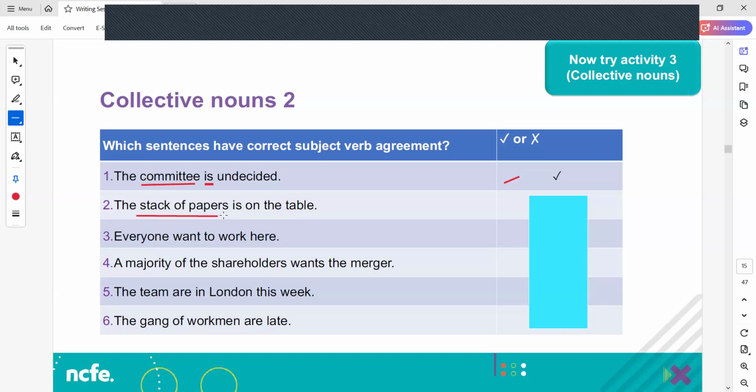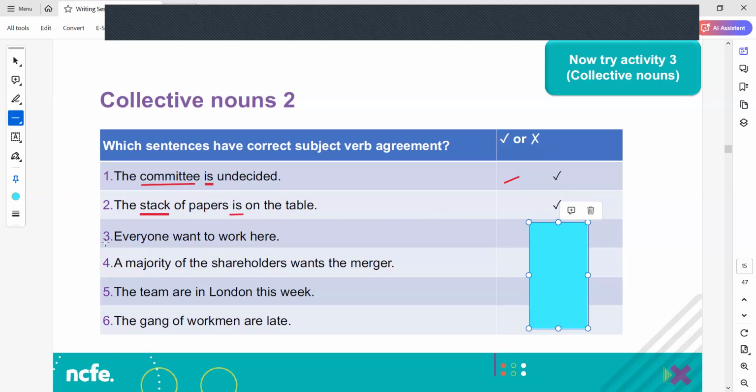So the stack of papers, it's the stack. We're talking about the papers, but it's one whole. It's no longer individual papers. It's a stack, so it's one stack. So our verb is, is that correct? Yes, it is, because we're talking about the stack, not the individual papers. Well done. And let's look at the next one.